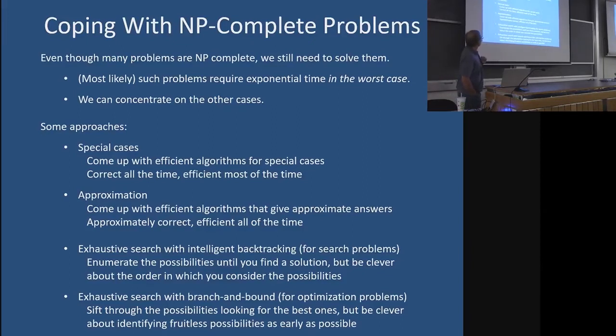There are also other approaches. A lot of times you can have an algorithm for a special case that you can solve efficiently. Sometimes you can find approximation algorithms, algorithms that will give you something that's approximately correct quickly. So I just want to show you a couple examples of these first two.